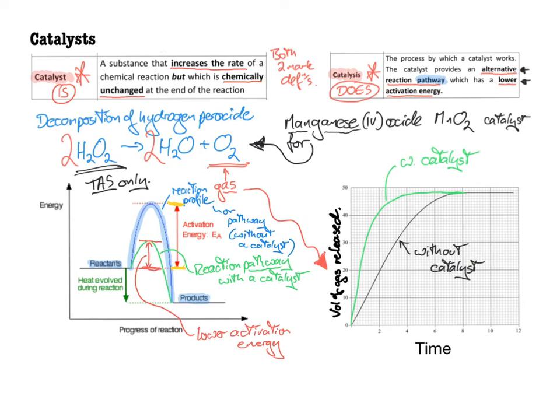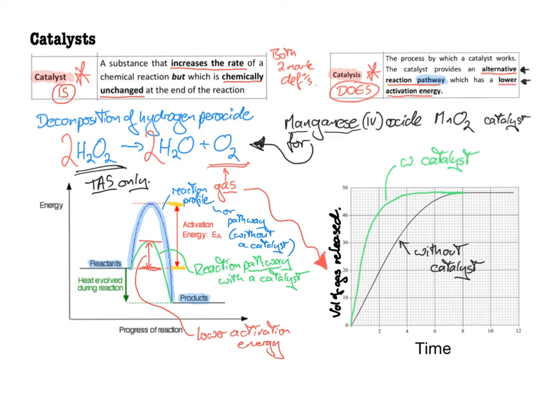So, in summary, catalysts, you need to learn 2 definitions, what the catalyst is, what the catalyst does. You need to learn very well the example for the decomposition of hydrogen peroxide, where you need to know that manganese oxide, or manganese 4 oxide more correctly, is the catalyst for that.